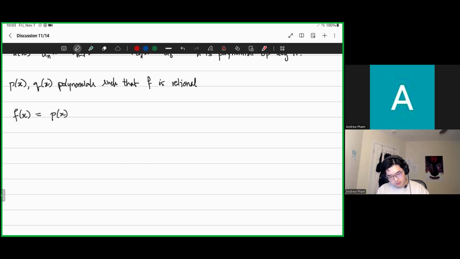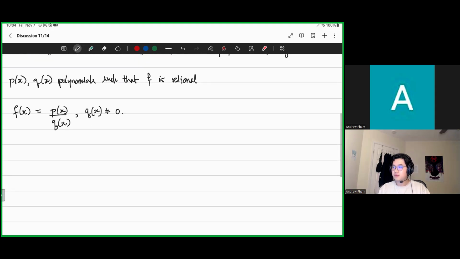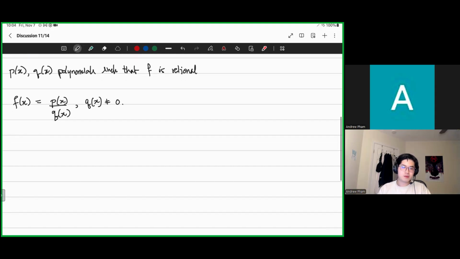There's division, so we also need the restriction that q cannot be 0. But since q is a polynomial, q most definitely can have zeros, places where q can be 0, and that would be division by 0.